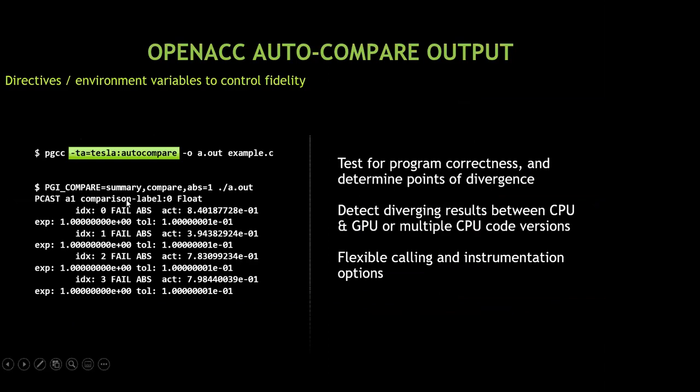And here you see the results of the run, in which array and what is different, for each iteration. So this is very powerful to pinpoint where numerical differences are happening, and whether this is something important or not, because you could control the fidelity and define what is important.